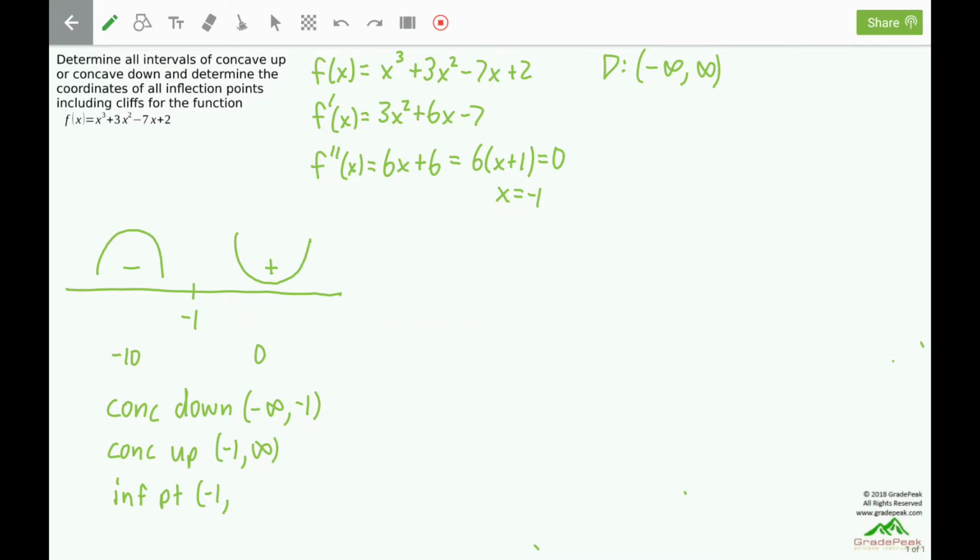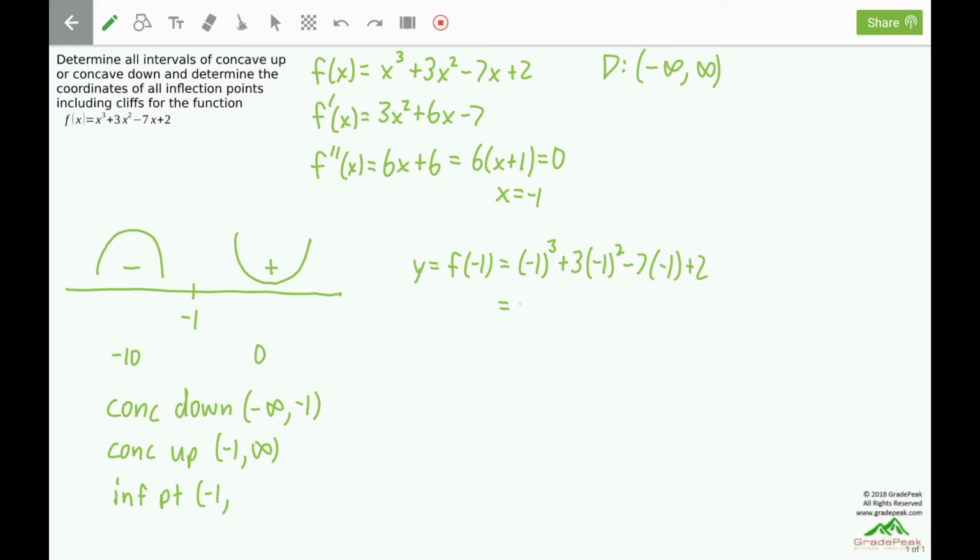So we have an inflection point at an x-coordinate of negative 1 and a corresponding y-coordinate that can be found by plugging the negative 1 into the original function. So y equals f of negative 1, which will be negative 1 cubed plus 3 times negative 1 squared minus 7 times negative 1 plus 2.